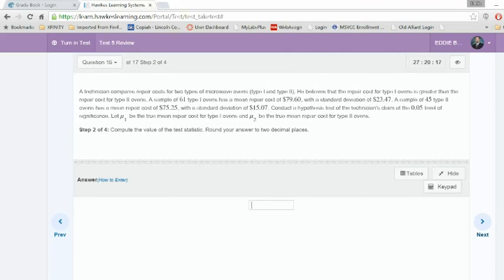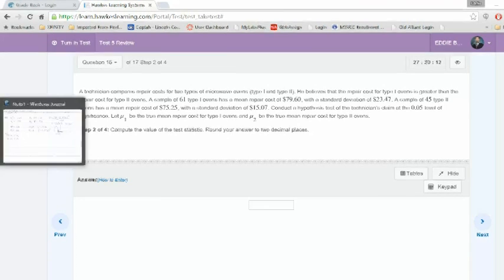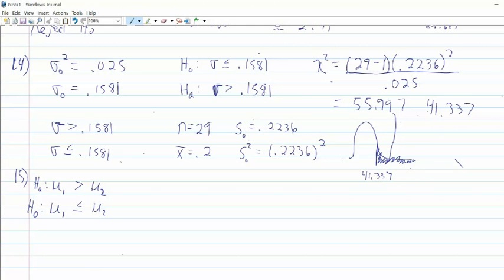Compute the value of the test statistic. Now this again has a little different formula. You can look in your book. This is 12.3.